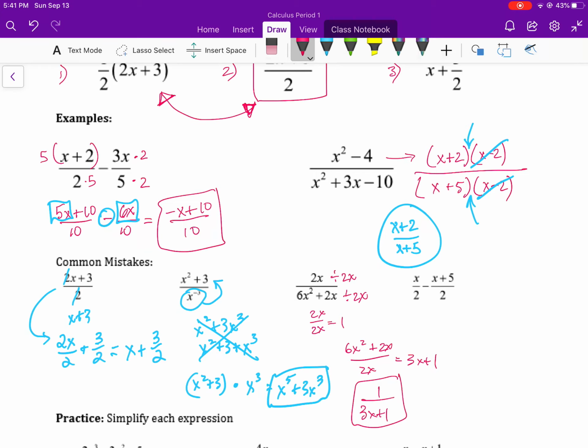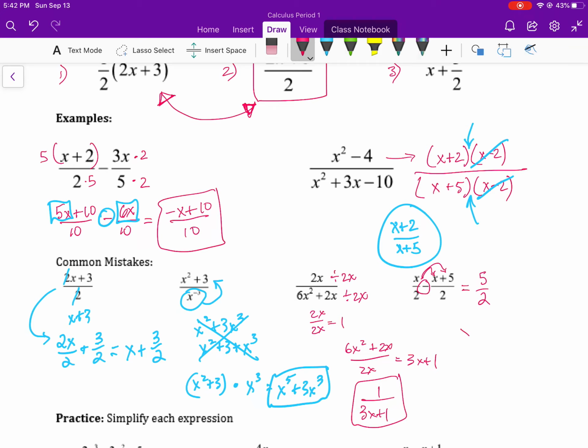The last one, we've already got a common denominator, so we are subtracting. The most common mistake to get here is, well, x minus x is 0, so we are left with 5 halves. The mistake here being that this subtraction sign needs to apply to both parts of the numerator when we are subtracting.